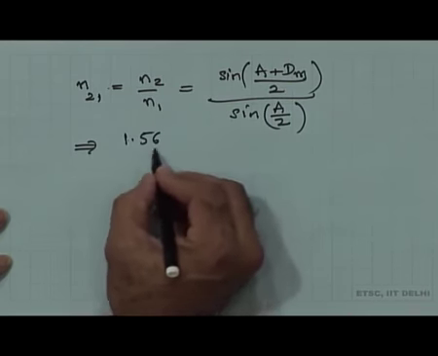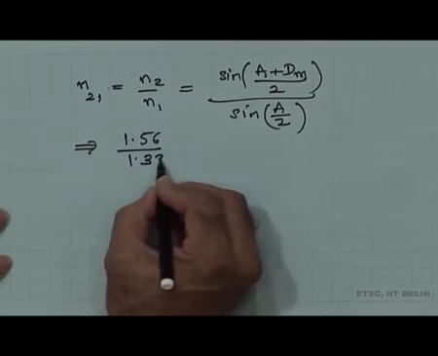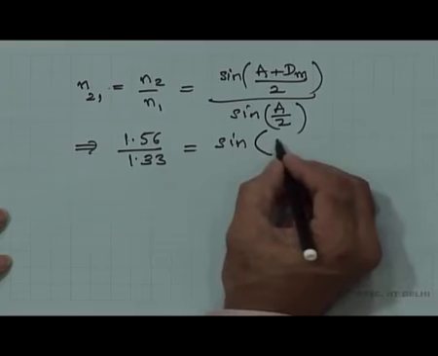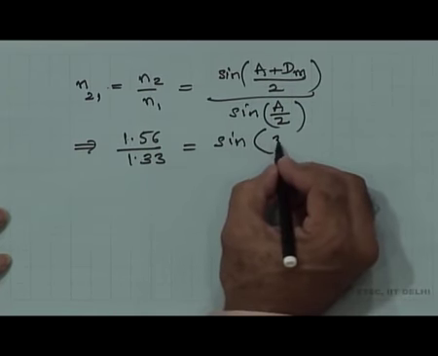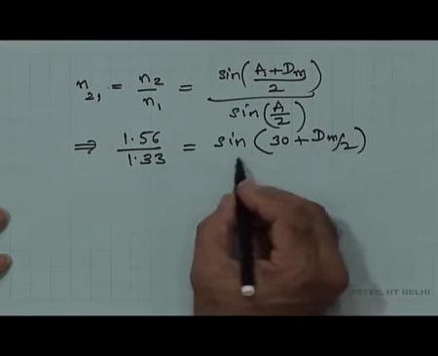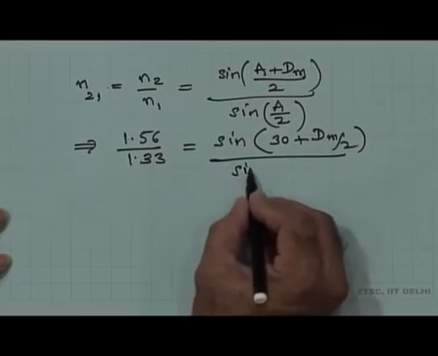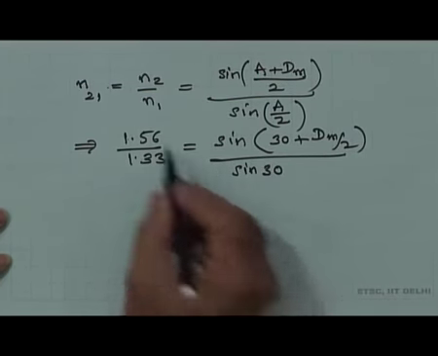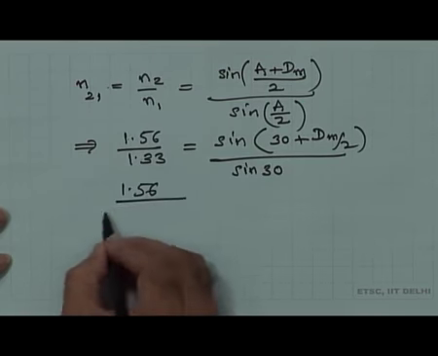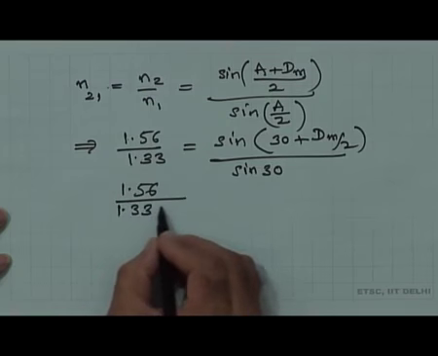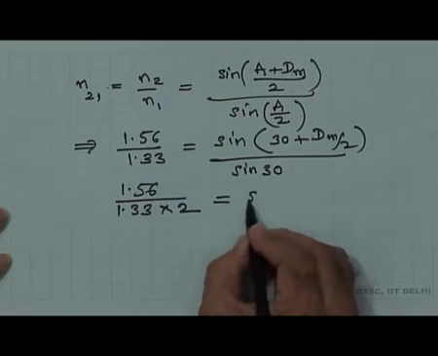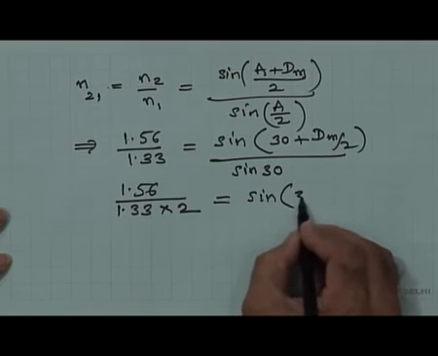So, 1.56 divided by 1.33 is equal to sin of (60 by 2, which is 30, plus dm by 2) divided by sin 30, which is half. So, half goes there and we will have the same expression again: 1.56 divided by 1.33 into 2 is equal to sin of (30 plus dm by 2).